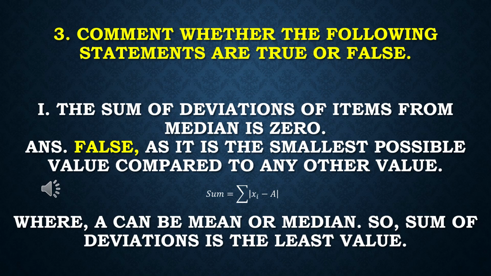So we find that the sum of deviations of items from median is not 0, but it is the smallest value, as the sum is equal to what? Summation of xi minus a, where a is the assumed mean or median and xi is the observation. So where a can be mean or median, the sum of deviation is the least value compared to the other values. So the answer will be false.